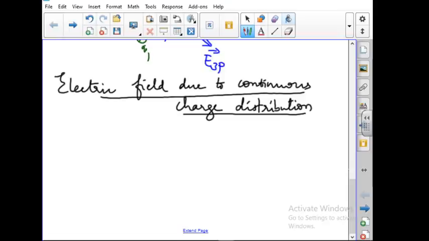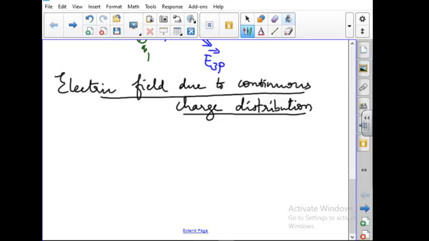So from the previous topics, you know very well that electric charge is quantized microscopically. So the previous expressions for force and electric field are applicable only to point charges. So if you consider an electric field due to a charged sphere or a charged wire, we find it difficult to look at the individual charges.